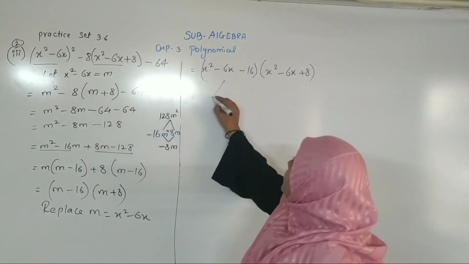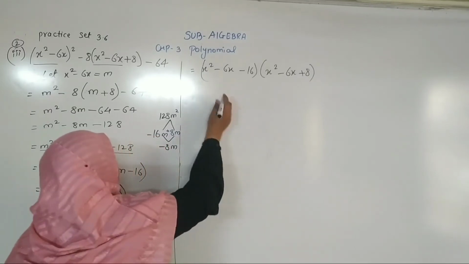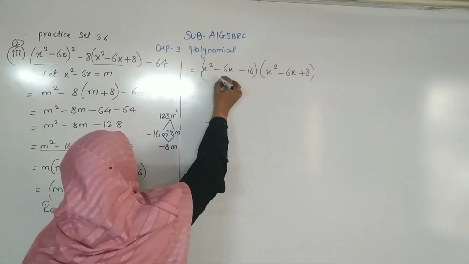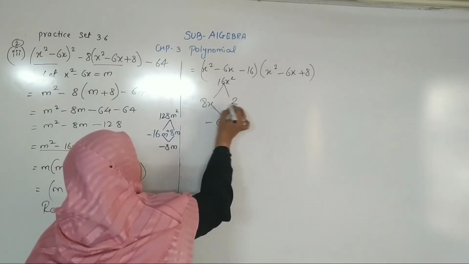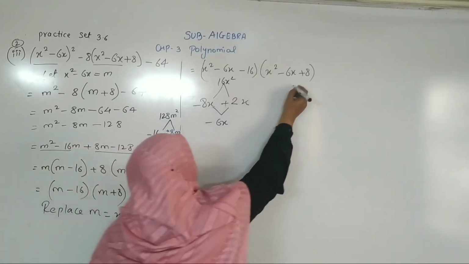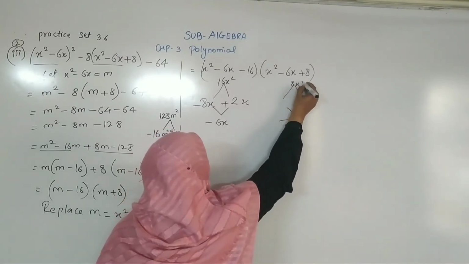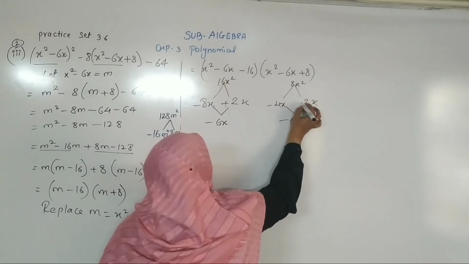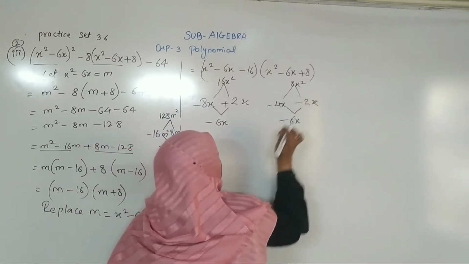So now I have to factorize the numbers. Okay. For minus 16, the middle term 8 twos are 16, 8 minus 2 I will get 6. For 8, 4 twos are 8, 4 plus 2 I will get 6.